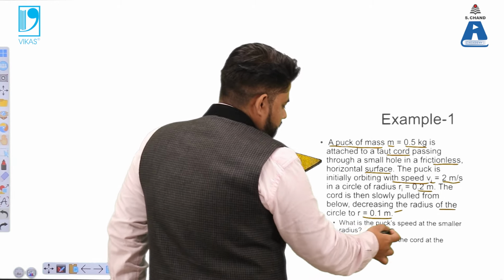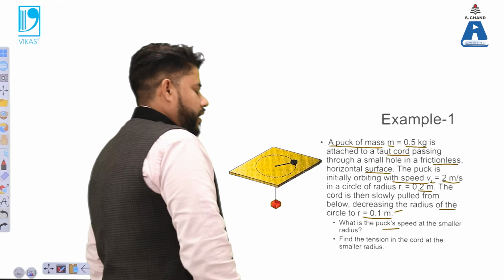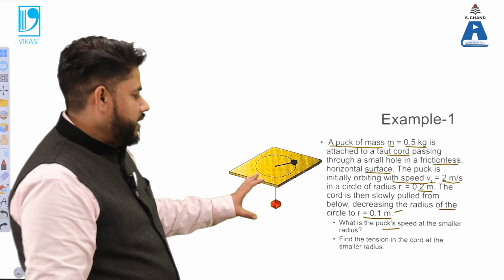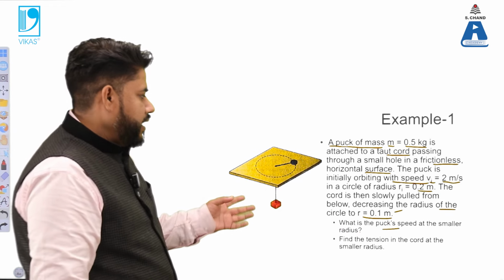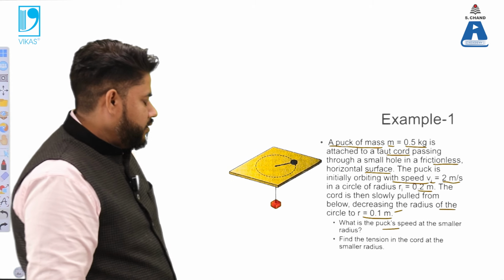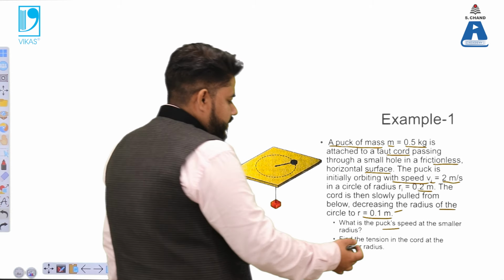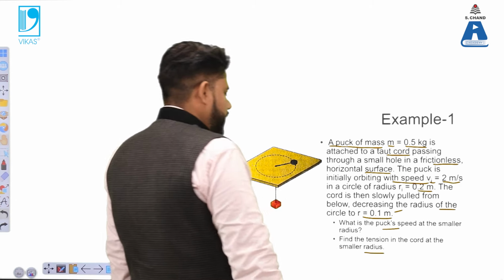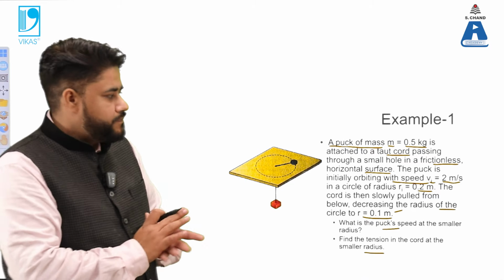We are required to calculate the puck speed for the smaller radius, that means we need to find the value of V2, and the tension on the cord for the smaller radius. I hope you got the question.